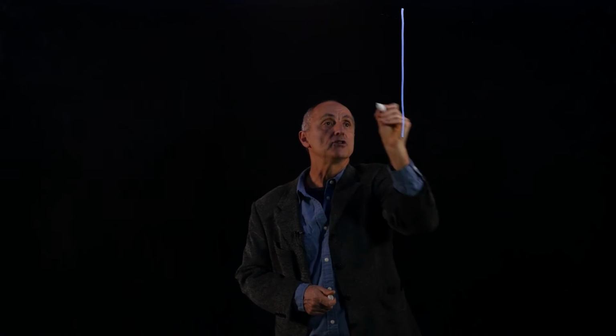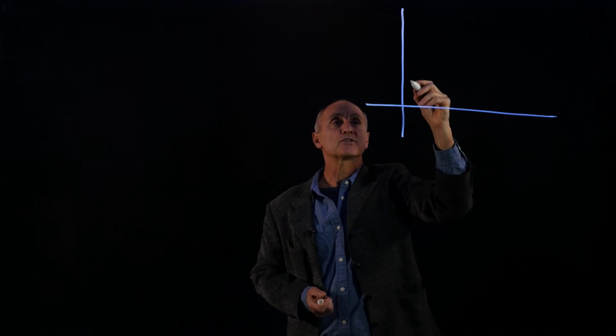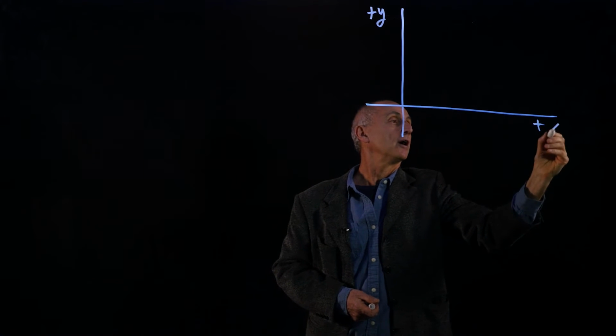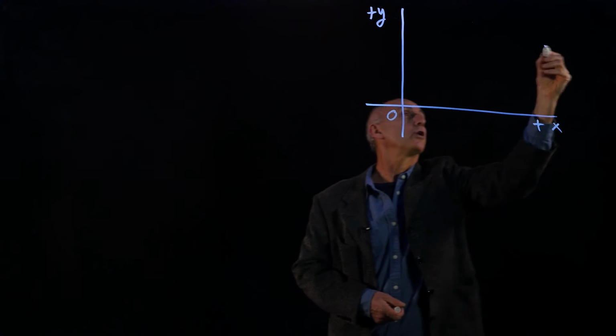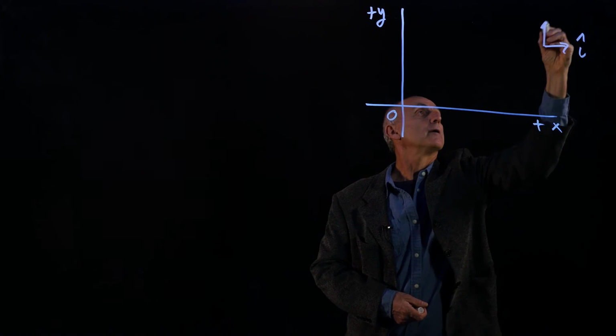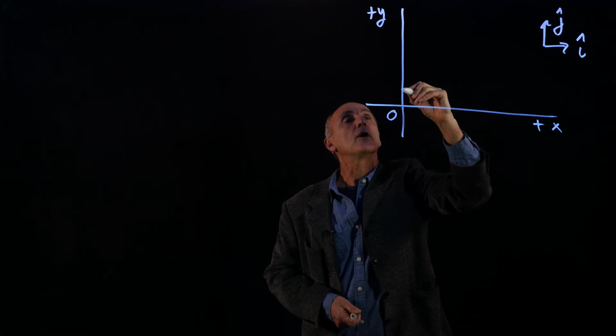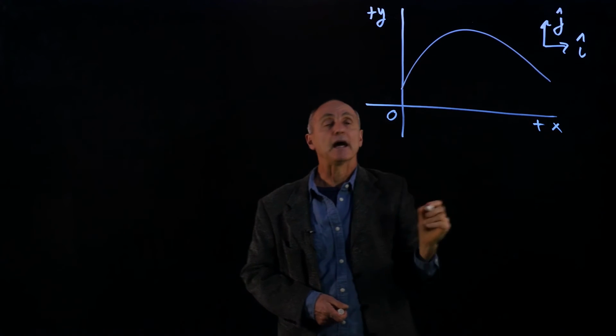So far, we've looked at a trajectory in 2 dimensions. Let's again consider some type of motion where we choose a positive y-axis, a positive x-axis, an origin, unit vectors i hat and j hat, and we'll have some type of trajectory where our object is moving like that.